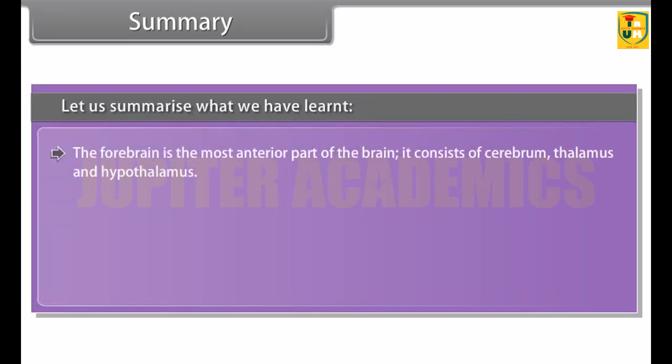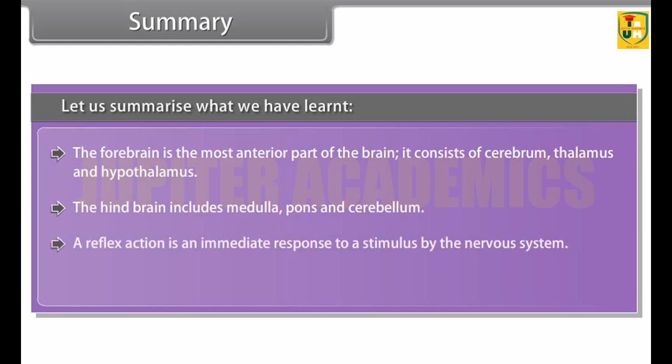The forebrain is the most anterior part of the brain. It consists of the cerebrum, thalamus and hypothalamus. The hindbrain includes the medulla, pons and cerebellum. A reflex action is an immediate response to a stimulus by the nervous system. The human eye and human ear are the sensory organs.